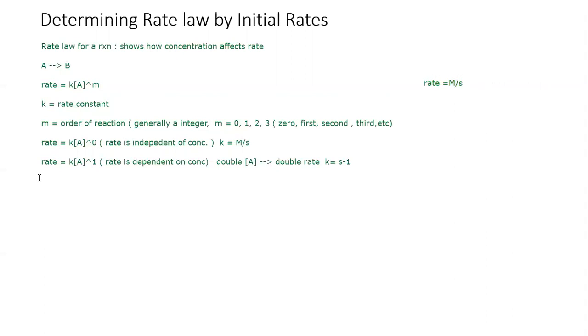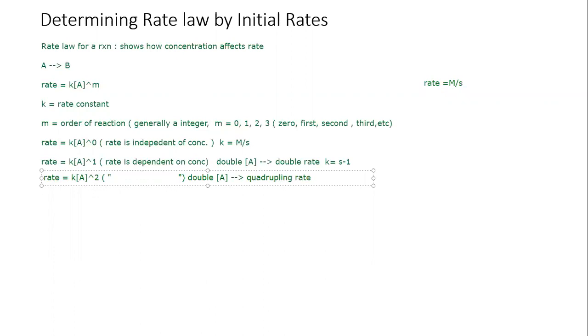Now a second order, we'll explain how we get these orders of reaction in just a moment. Again, rate is dependent on concentration. And so here, if we double the concentration of A, this will lead to quadrupling the rate.